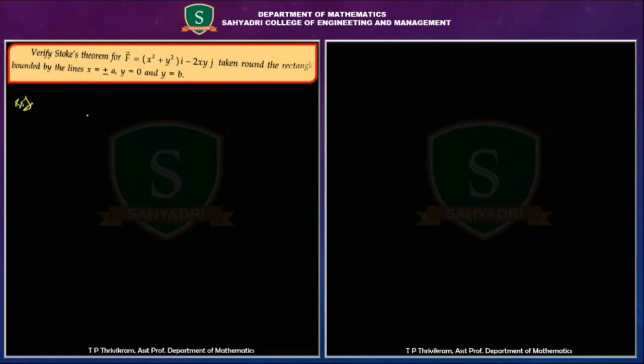So observe this one. Here they have given f vector, same as before: x square plus y square into i minus 2xy j, taken around the rectangle bounded by the lines x equal to plus or minus a, y equal to 0 and y equal to b.